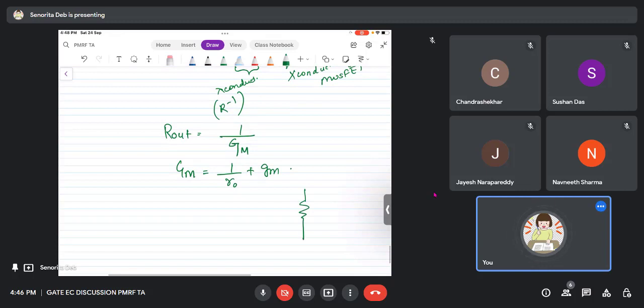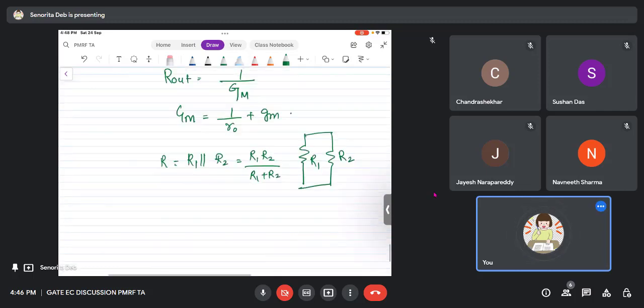Now you will remember that whenever resistances are in parallel like this, if there are two resistances R1, R2 in parallel, the total resistance is R1 parallel R2, right? So R1 R2 by R1 plus R2. But if I ask what is G, that is the transconductance, then you can write 1 by R1 plus 1 by R2.